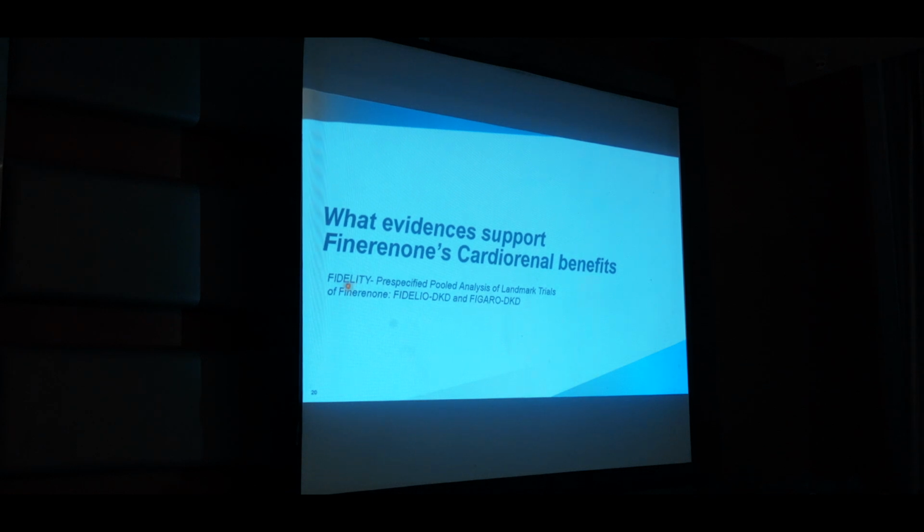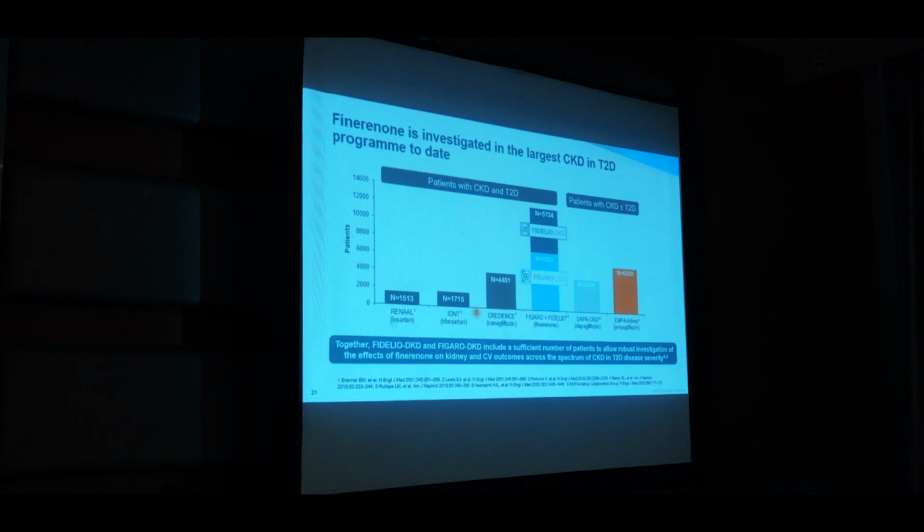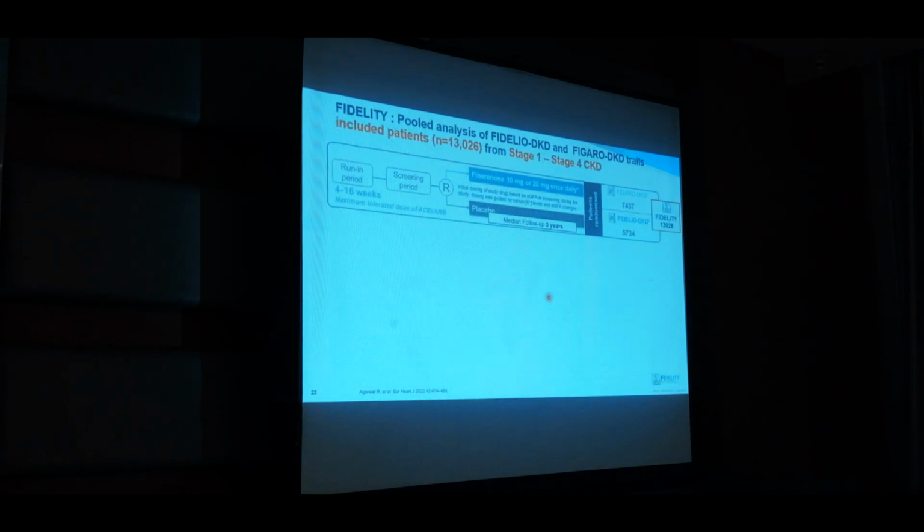In the FIDELITY analysis, they combined both these trials together and assessed the results. You can see that FIDELITY contains a lot of patients. CREDENCE had 4,400 patients, DAPA-CKD 4,000 patients, EMPA-KIDNEY 6,000. On the other end, FIDELITY has almost 14,000 patients.